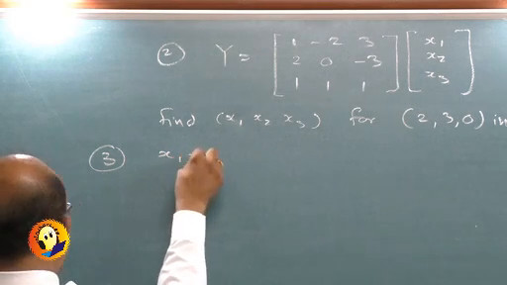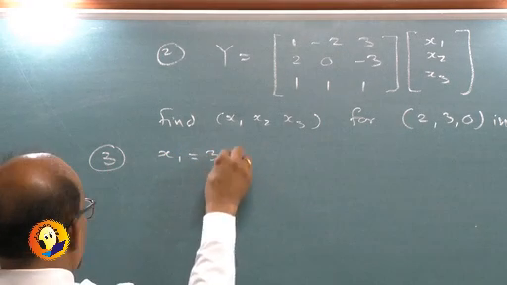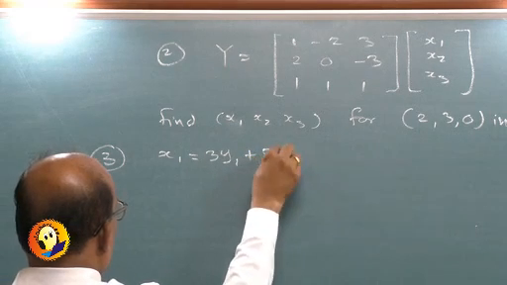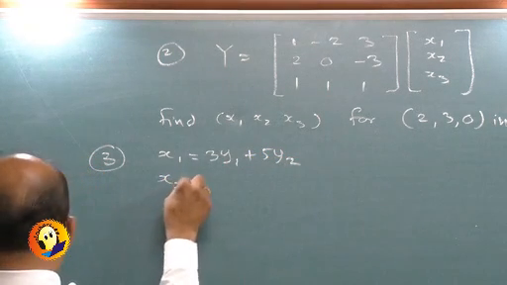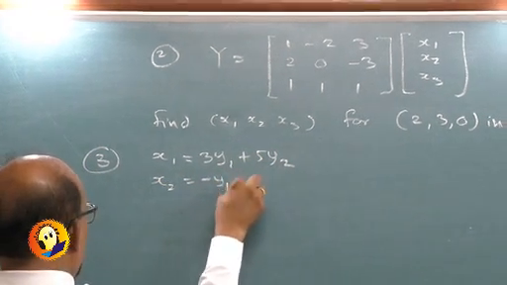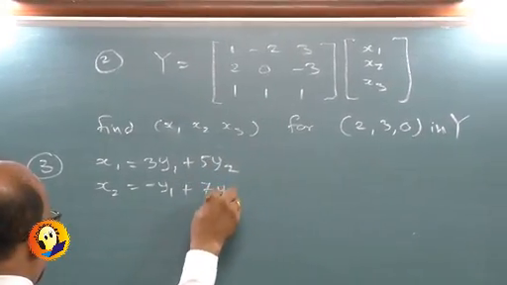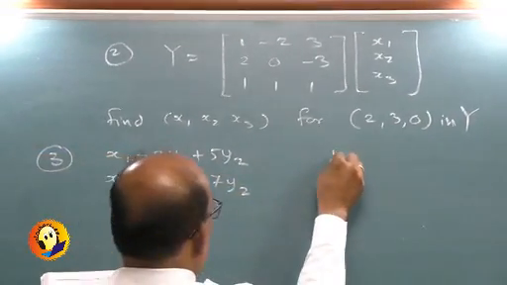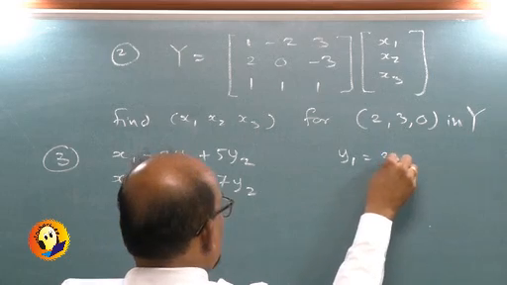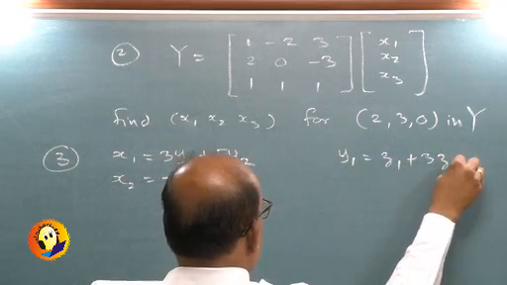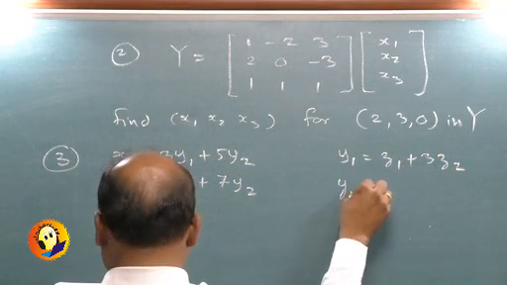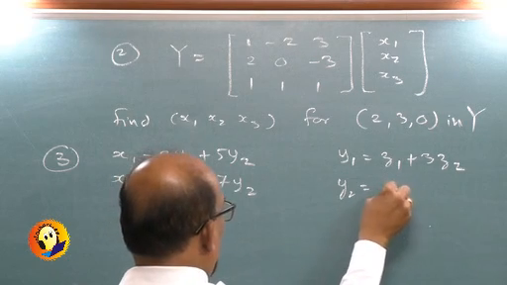He says x1 is equal to 3y1 plus 5y2, x2 is equal to minus y1 plus 7y2, y1 is equal to z1 plus 3z2, and y2 is equal to 4z1.